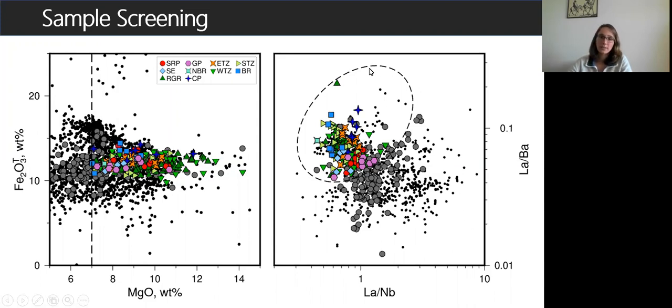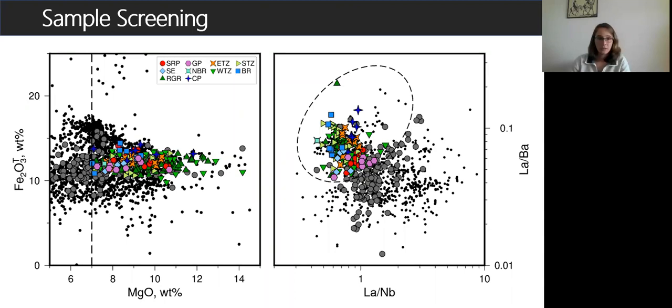Whereas this dashed ellipse is showing the global distribution of ocean island basalts. And there, we think they come pretty much straight up from the asthenospheric mantle. So they're a good sample of what asthenospheric melts look like. So I've simply only selected samples that fall within this OIB field.